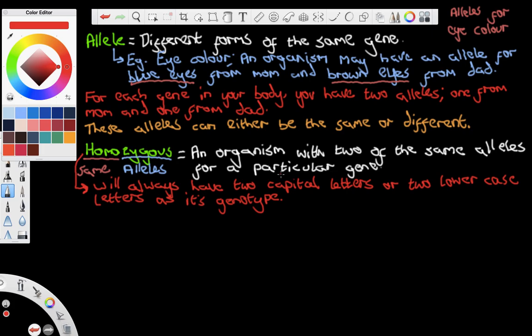Now, if an organism has 2 different alleles, we use the term heterozygous. The word hetero means different. If you are heterosexual, you like people of a different sex. The word zygous means alleles.